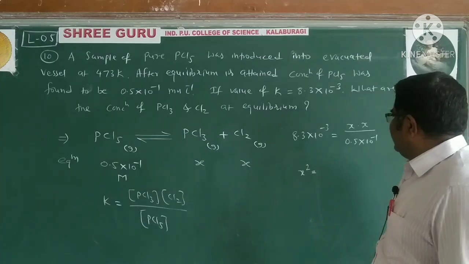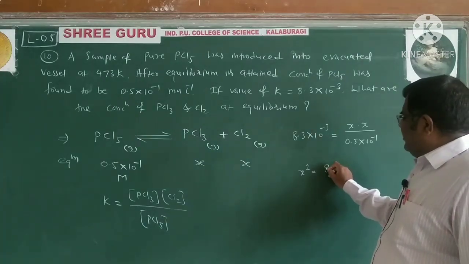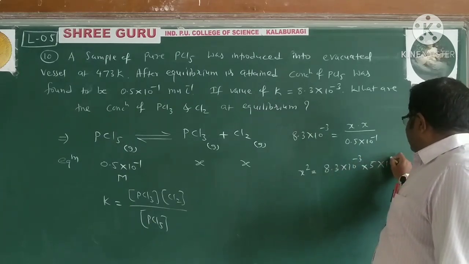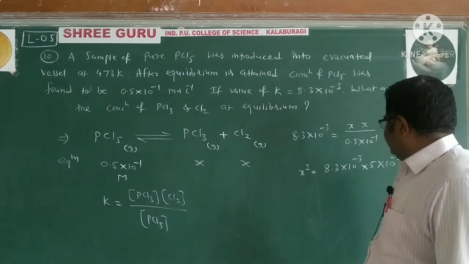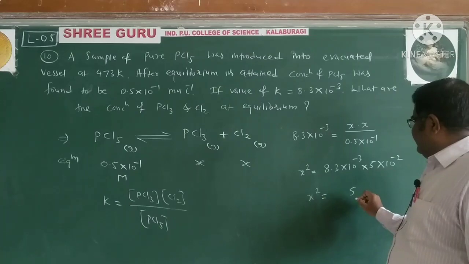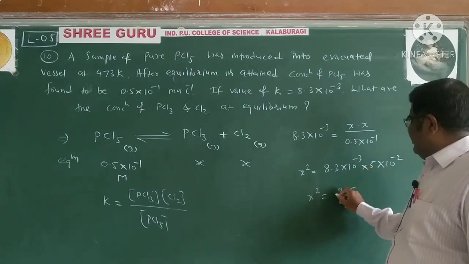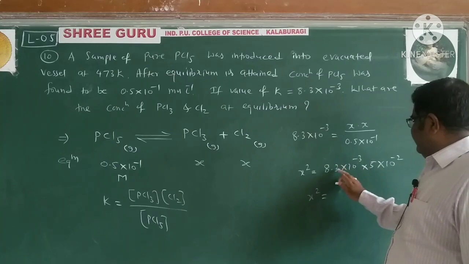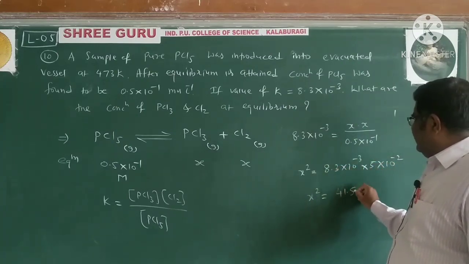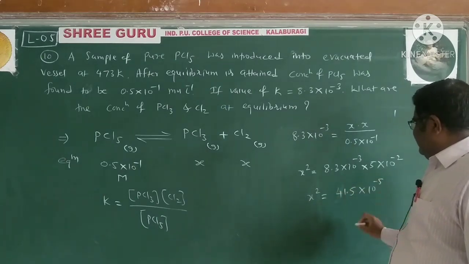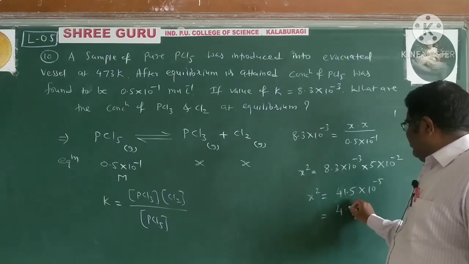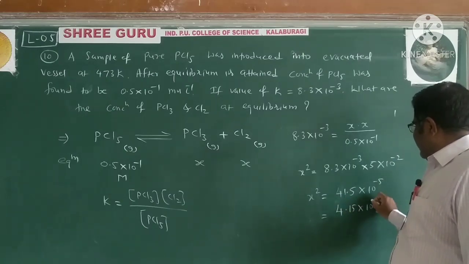So we can write X square is equal to 8.3 into 10 raised to minus 3, times 5 into 10 raised to minus 2. X square is equal to 41.5 into 10 raised to minus 5, which we can write as 4.15 into 10 raised to minus 4.